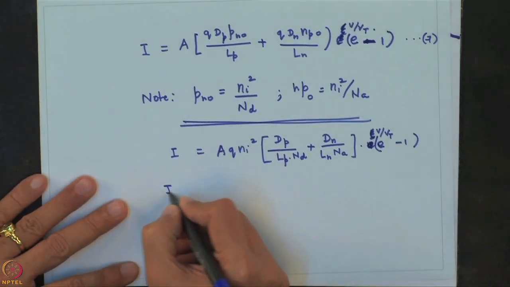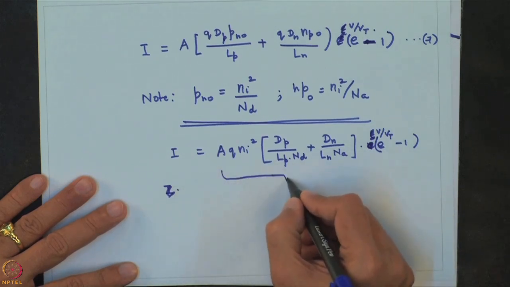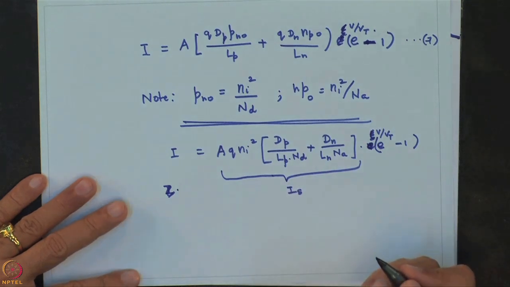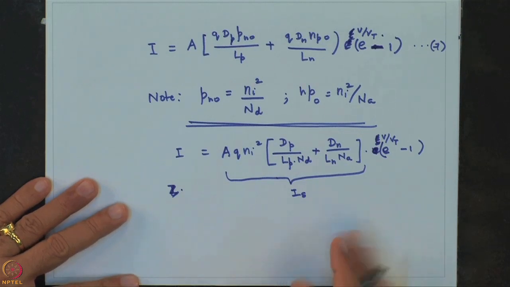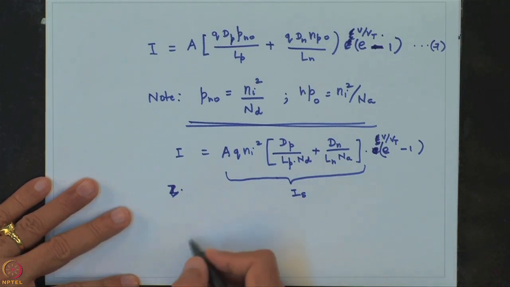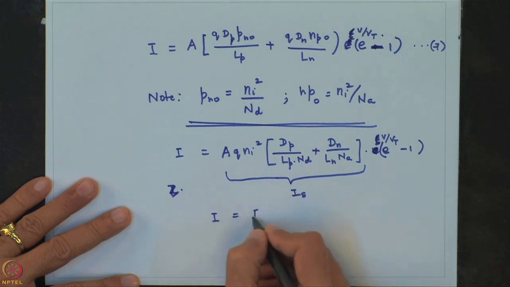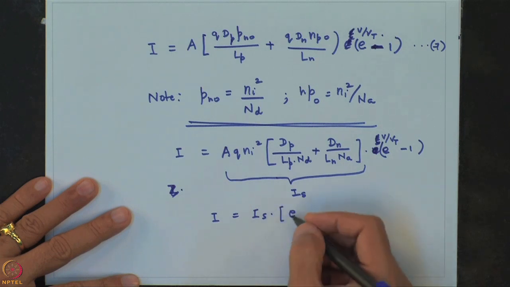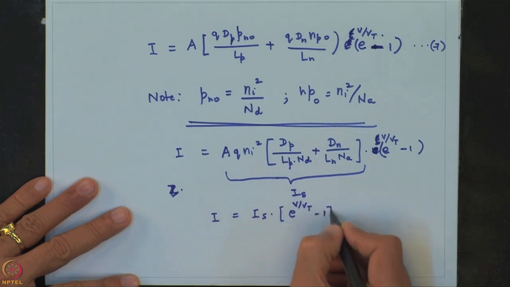So the final current, if we recognize that this term here denotes the saturation current, the current that will flow, for example, when the Pn junction is reverse biased. Let's say this is Is, then I straight away get I is equal to Is times e raised to power V over Vt minus 1.